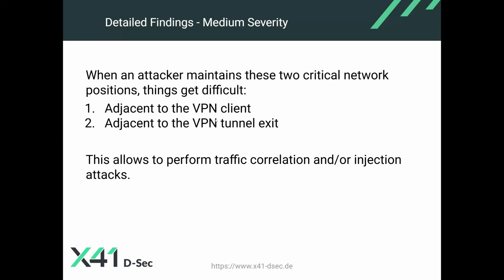there are certain conditions where a VPN setup is in danger. If an attacker has two critical network positions, where they can observe or even inject into networks adjacent to the VPN client, they can see the encrypted VPN traffic right at the source.